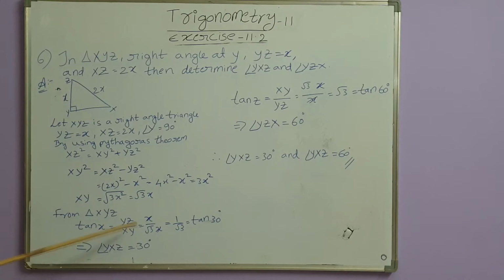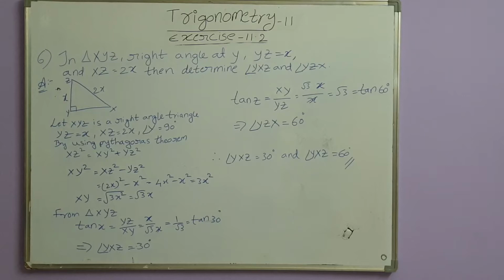YZ is x and XY is root 3 into x, the x and x cancel, and we have 1 by root 3. 1 by root 3 is tan 30 degrees. So angle YXZ is 30 degrees. The angle at X is 30 degrees.